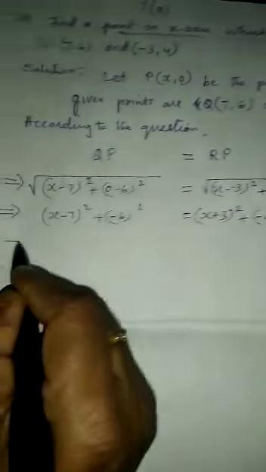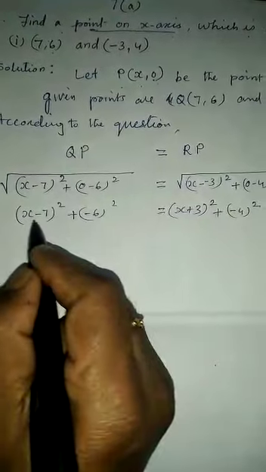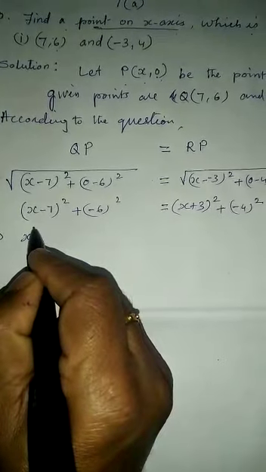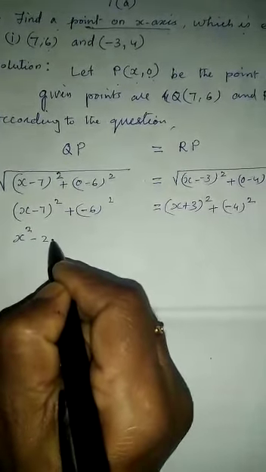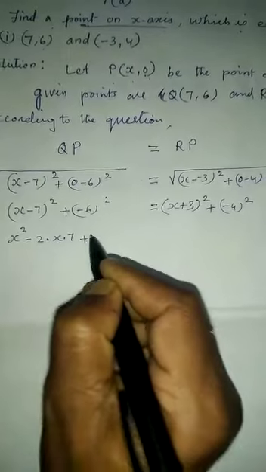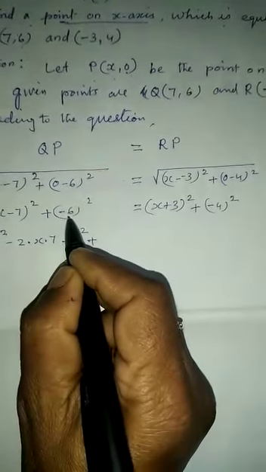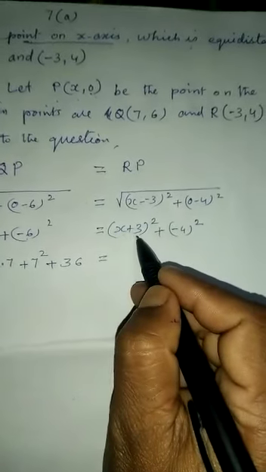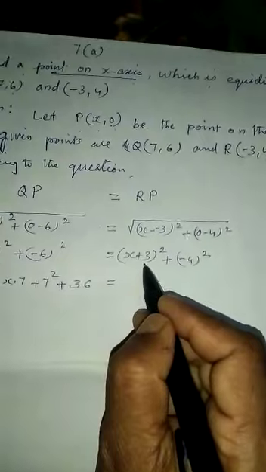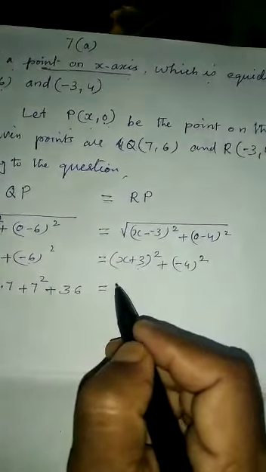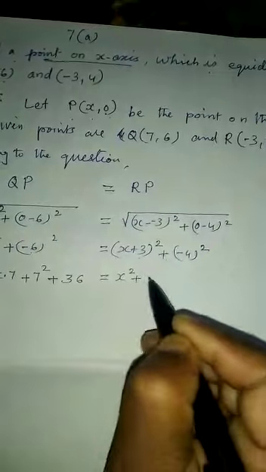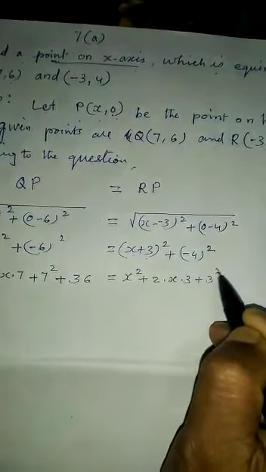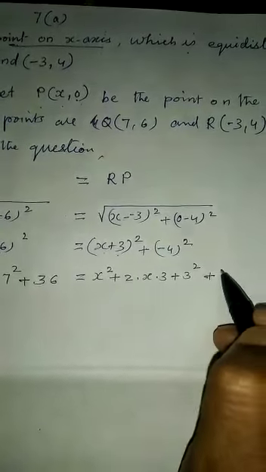It implies (x minus 7) whole square, using the (a minus b) whole square formula, x square minus 2 into x into 7 plus 7 square, plus (-6) square is 36, equal to (x plus 3) whole square. Use the algebraic identity (a plus b) whole square, so comes x square plus 2 into x into 3 plus 3 square, plus (-4) square is 16.